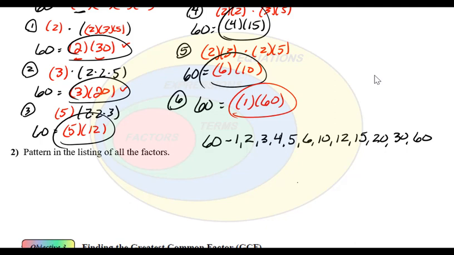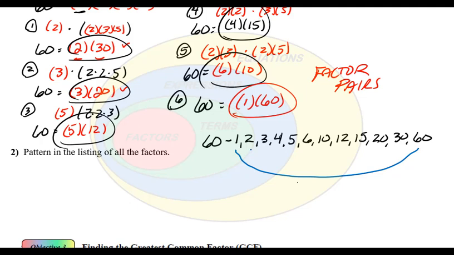But the one thing we notice when we list all the factors of a number from smallest to biggest is that there actually is a pattern: the factor pairs are connected outside to in. If you notice, 1 times 60, these are the smallest and the biggest factor. Those are factor pairs.